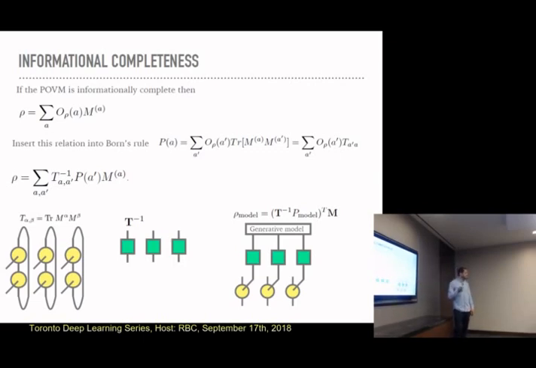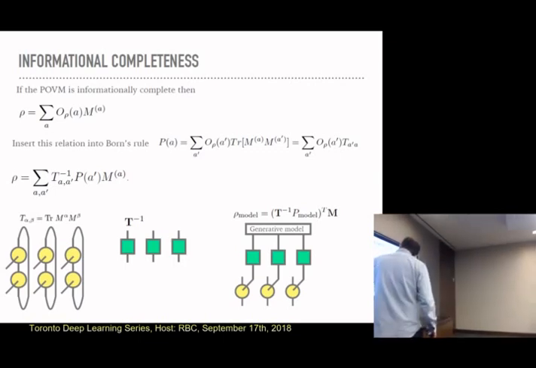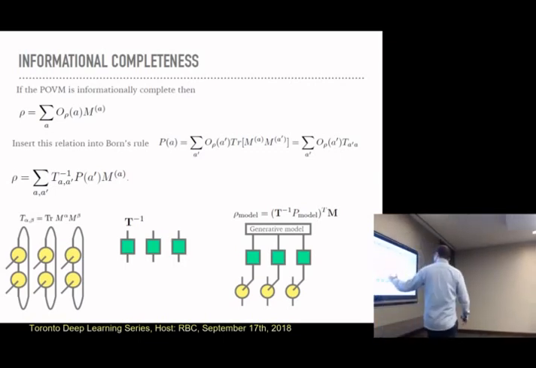One green box is just the inverse of this one T matrix. Then you collect a big bunch of them, n of them, and the whole thing is efficient because you only have to do it once.